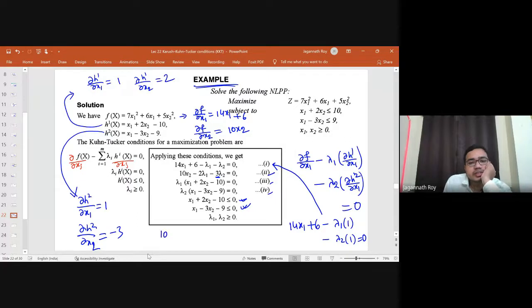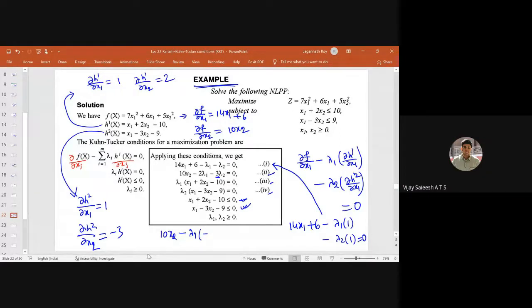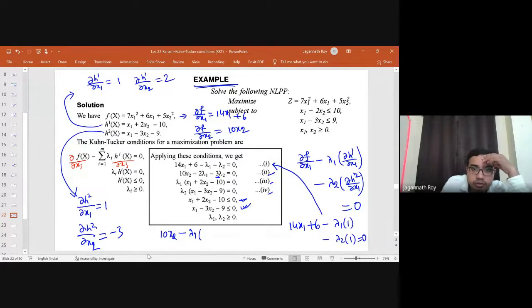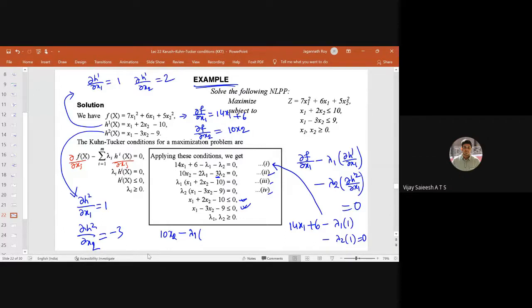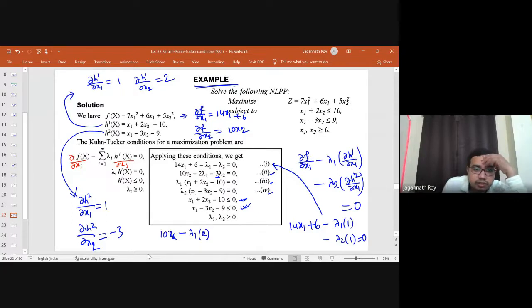So this is 10 x2 minus this lambda 1 into, what is it? Lambda 1 into 2, dou h1 over dou x2, with respect to x2. So this is 2. Right.